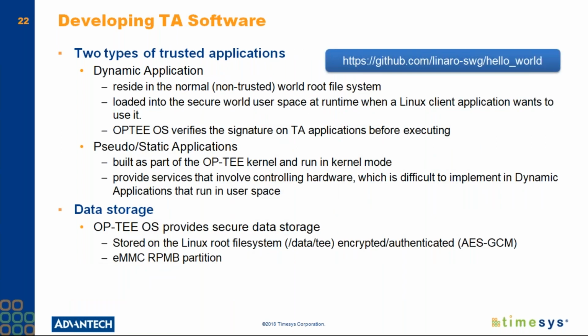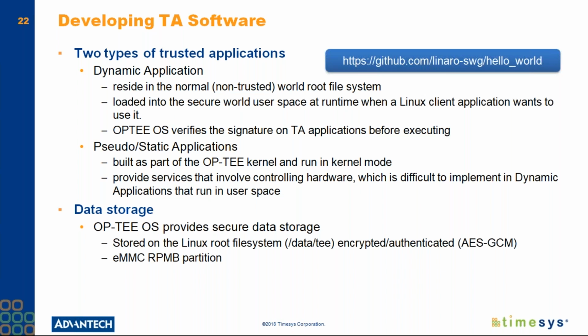There are very good examples available on how to quickly get started with writing a trusted application. You can take a look at the Linaro GitHub page for examples. There is also a concept of trusted storage.